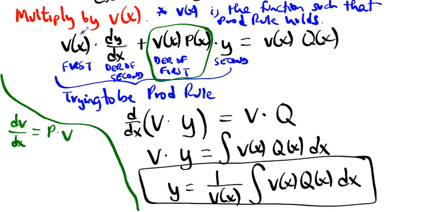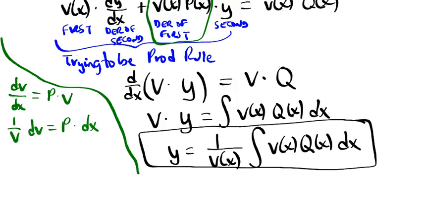The derivative of v with respect to x has to be this, p times v. Wait a second. This is a separable differential equation. I can get all the v stuff to one side. I can bring the x up here, and I can take antiderivatives term by term.